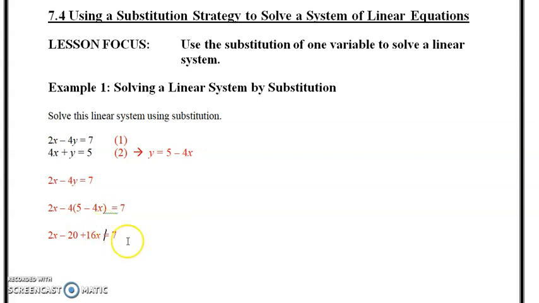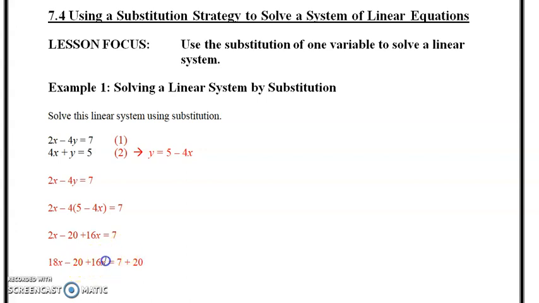Now we're going to collect like terms, and anything that's not with the variable x will go to the right-hand side. So the 16x and the 2x will be added together, and we get 18x. Then the 20, we're going to add over to the other side, so it's going to be plus 20.